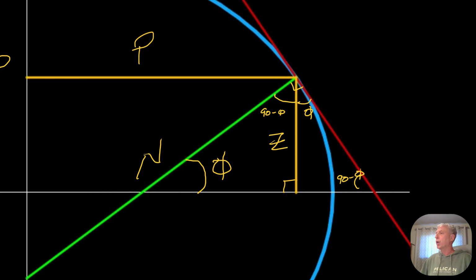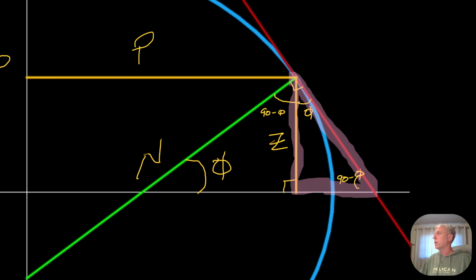Consider this triangle here, and let's say we create from it an infinitely small triangle, just like we do in baby calculus.